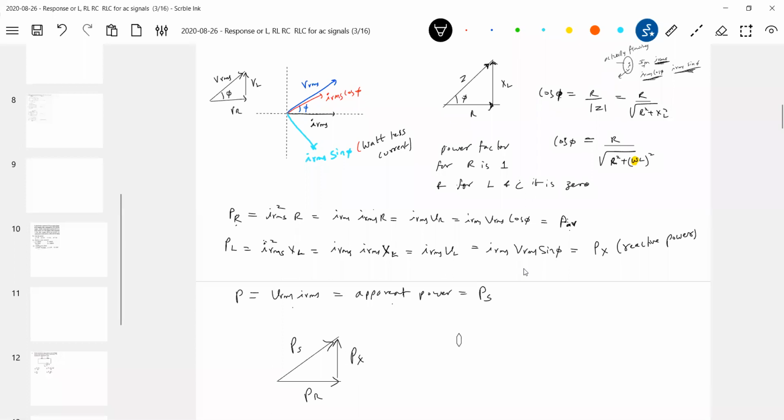So then we can write one relationship. So now what is tan phi? Tan phi, you can also write as PX by PR, reactive power by the real power.